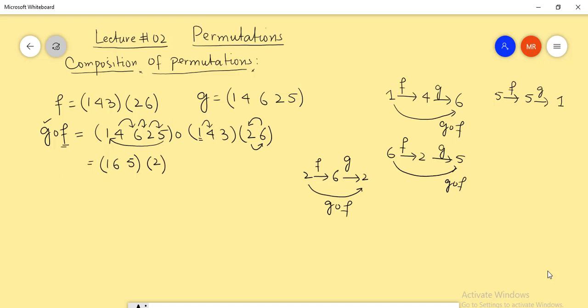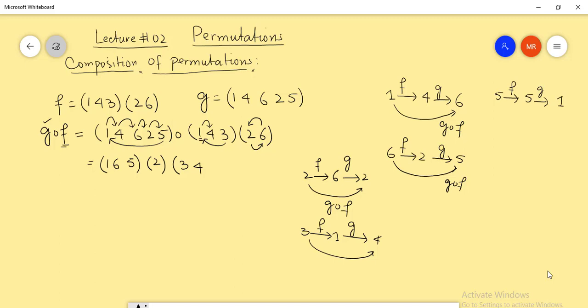Then we start with the next smallest possible symbol which is not used, and we start with 3. 3 is mapped onto 1 by F. And then we look for the image of 1 under G. 1 is mapped onto 4 by G. And thus 3 is mapped onto 4.